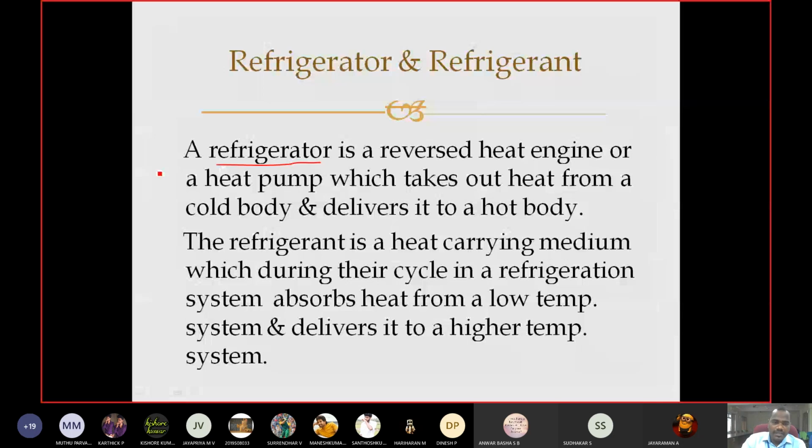The refrigerant is a heat carrying medium which, during its cycle in a refrigeration system, absorbs heat from a low temperature system and delivers it to a higher temperature system. Like air or steam that we already discussed, the refrigerant is also a medium used in the refrigerator.